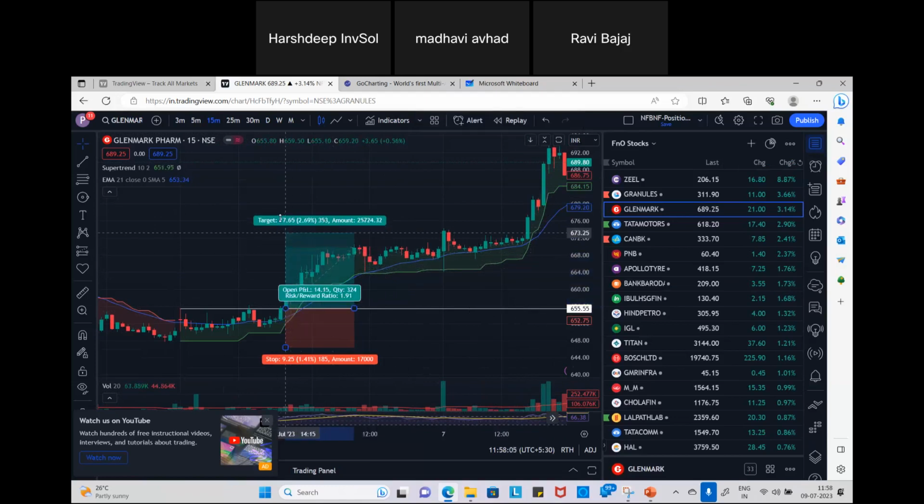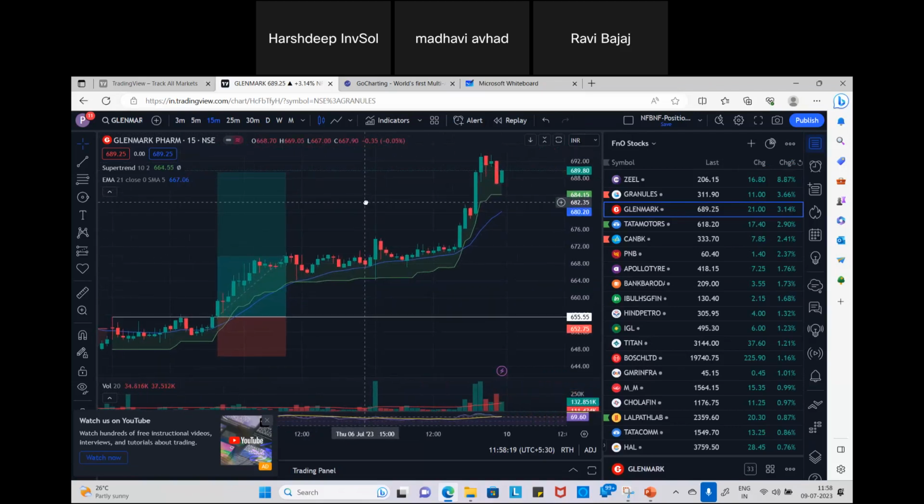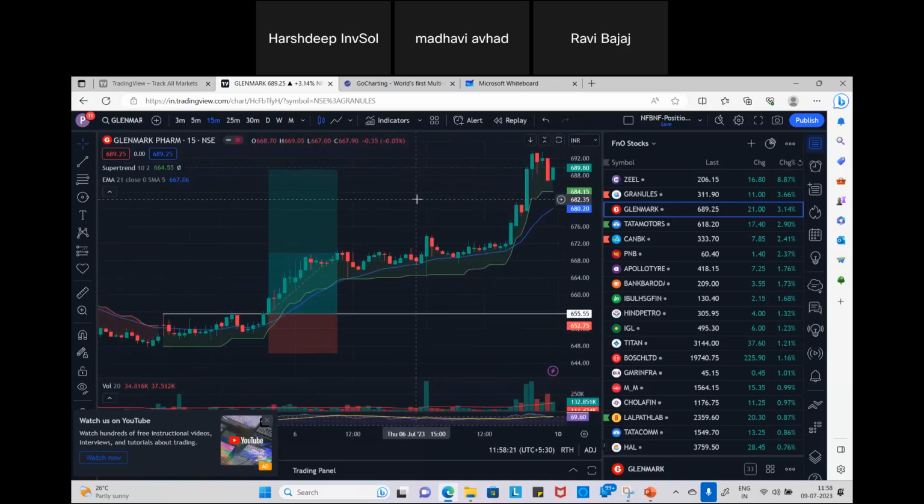If I consider this as the target, this reward is approximately 1:3.5 plus. Okay. So that's how I think this strategy works on the cash market and even the short term.